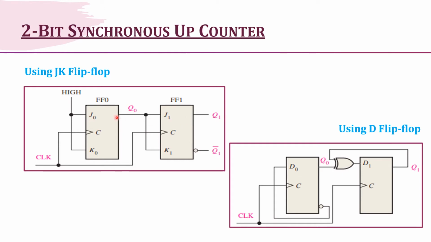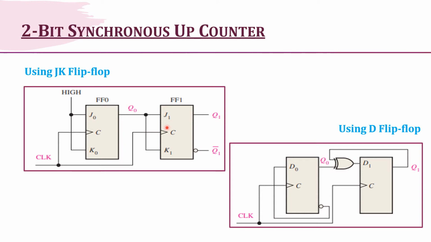The first flip-flop is always connected to logic high. That makes FF0 toggle its state, so it produces a Q value. That Q value is connected as the input to the next flip-flop in the chain. So Q0 will be the input to J1 and K1, that is J1 = K1 = Q0. So only when Q0 is equal to 1, FF1 toggles.